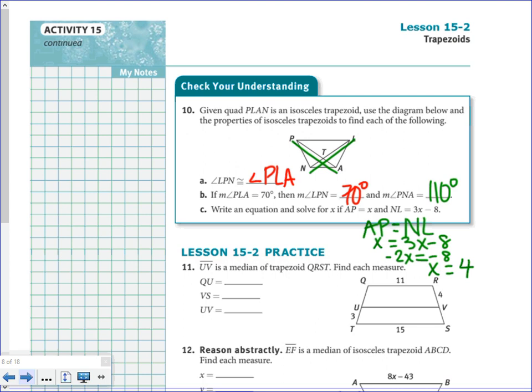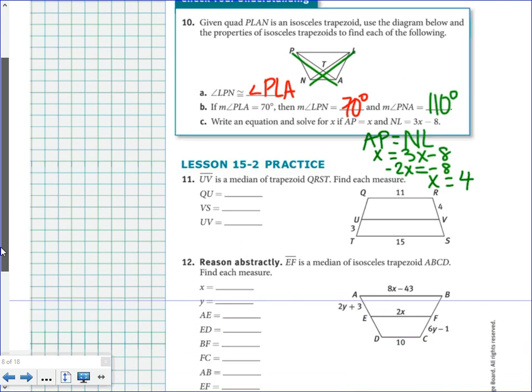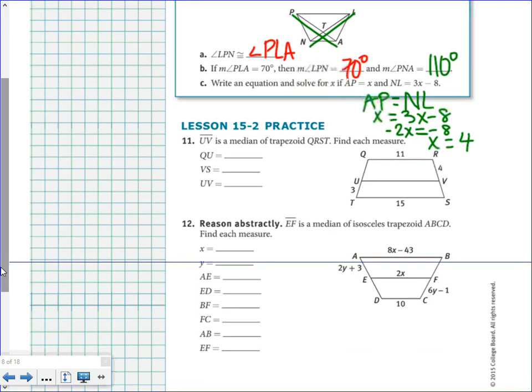So now let's look at the practice questions. For number 11, they tell you that UV is a median. What that means, U is the midpoint of side QT, and V is the midpoint of side RS. So if UT is 3 over here, that means that QU is also 3. I know it doesn't look like they are congruent, but if it's the median, it has to go to the midpoint.